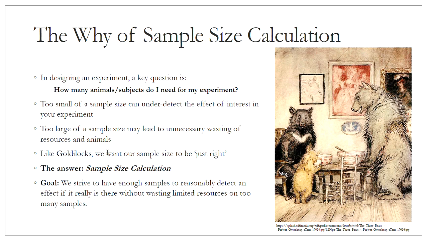So similar to Goldilocks, we want our sample size to be just right. So the answer to this is a sample size calculation. Our goal is that we strive to have enough samples to reasonably detect an effect if it's really there without wasting limited resources on too many samples. So that's kind of the purpose behind it.